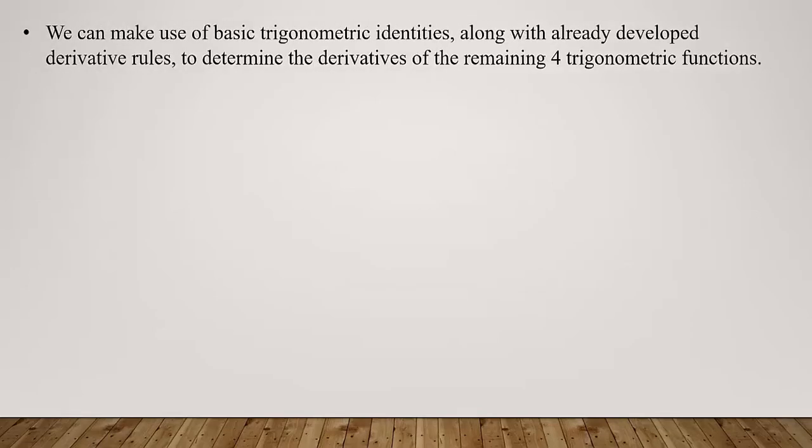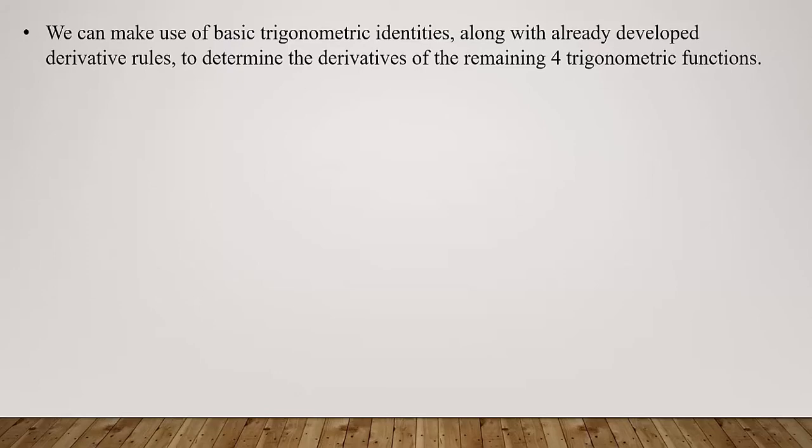Continuing on, here's something that's kind of neat. We can make use of basic trigonometric identities. And when I say basic trigonometric identities, I'm talking quotient identities or reciprocal identities, along with our already developed derivative rules, such as the quotient rule, such as the derivative for sine and the derivative for cosine.